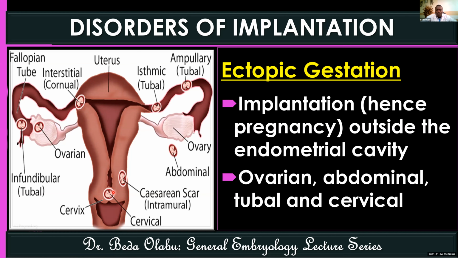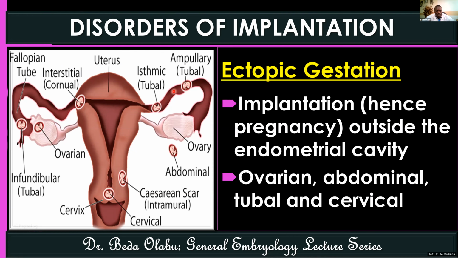The commonest form of ectopic pregnancy is tubal pregnancy. Over 90% of ectopic pregnancies are actually pregnancies within the fallopian tube. Now, what's a normal outcome of that type of ectopic pregnancy?